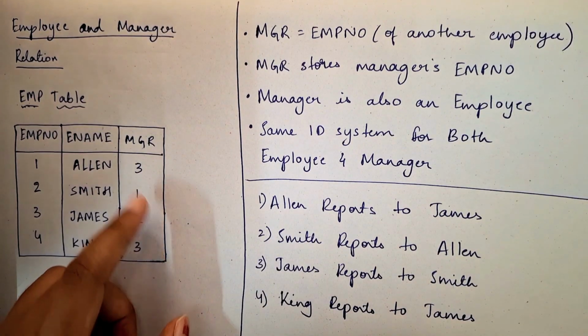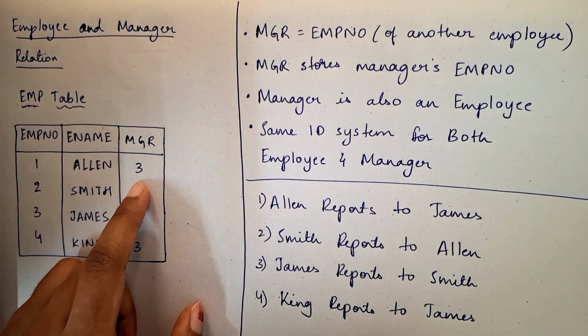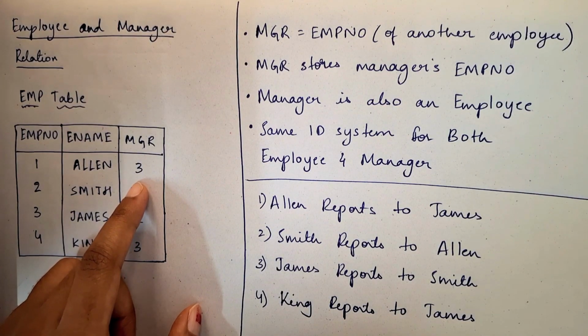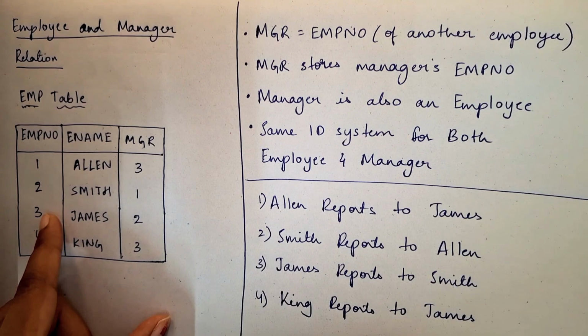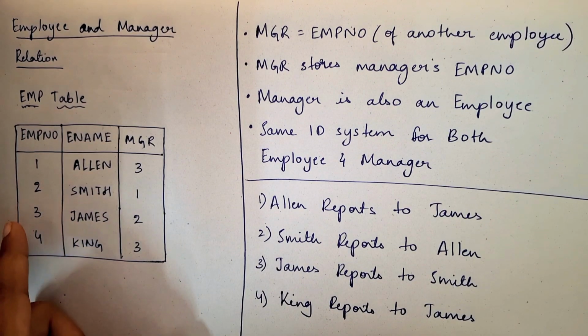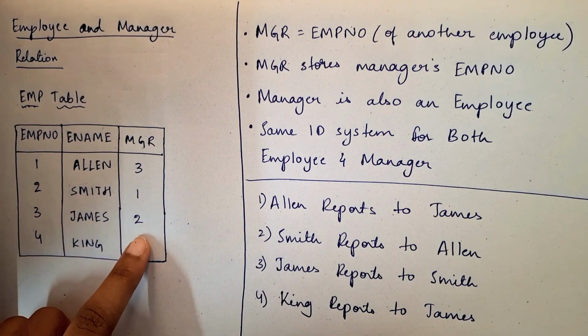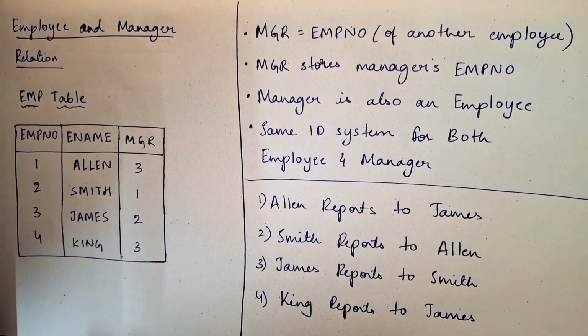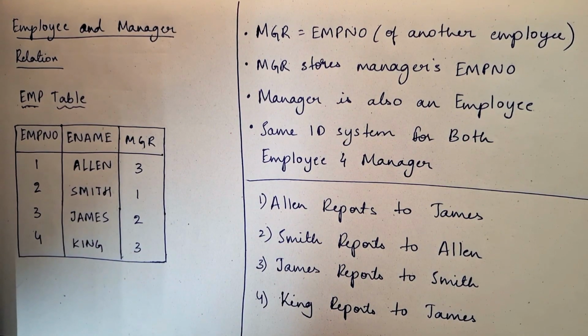So when you see MGR is equal to 3, it simply means the manager is the employee whose employee number is 3. So both employee number and MGR belong to the same table and same data, just used in different roles, one as employee and one as manager.